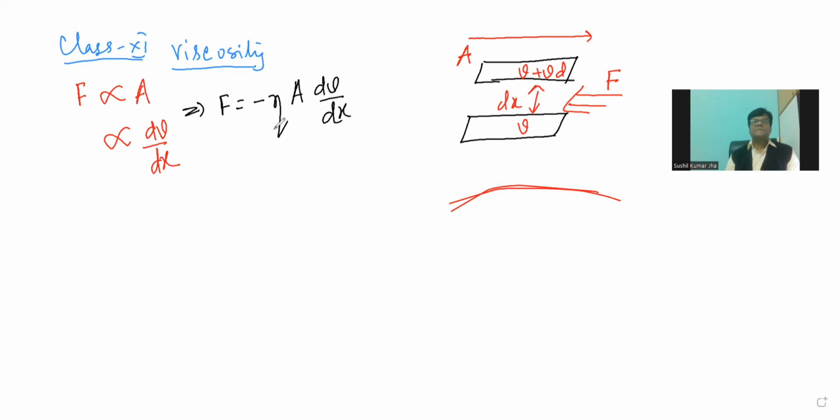This becomes the general formula for viscous force, where the negative sign signifies that the viscous force acts against the direction of flow of liquid. And this eta is called the coefficient of viscosity.